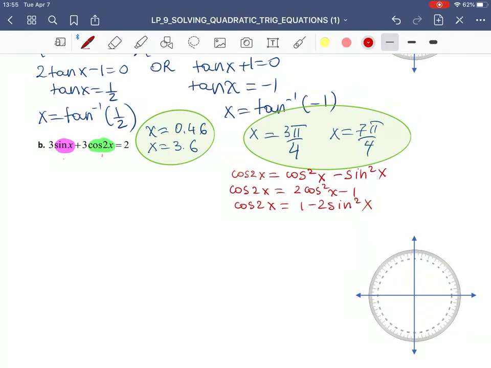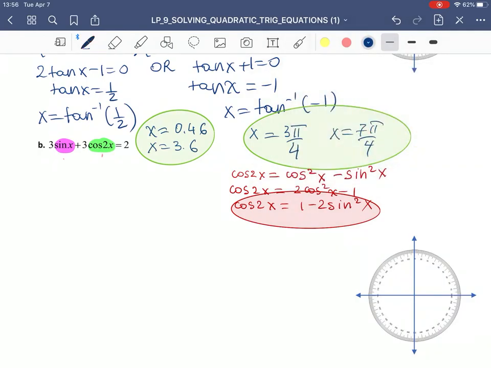Okay, so which one would be our formula to use in this case? If you look at these 3 formulas and our equation combined, we're going to need to bring sine squared in. So what that means is that we're going to go for the last formula in here.